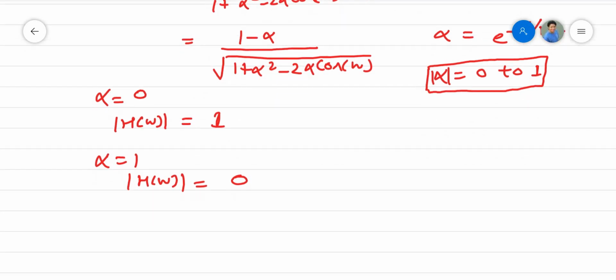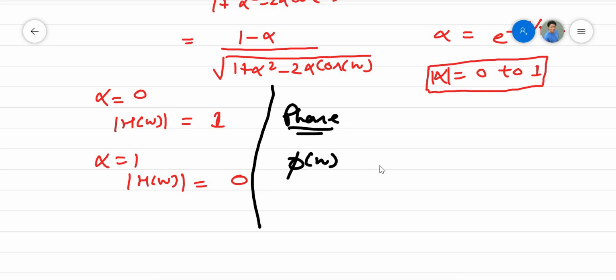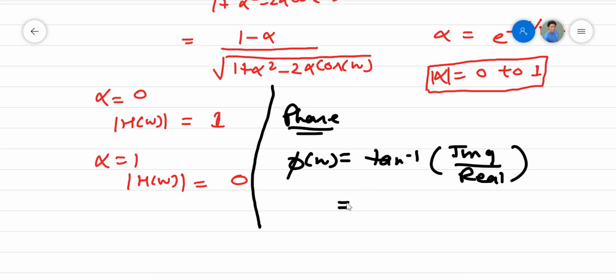So we want to find out the phase. It is phi of omega, which is equal to tan inverse of imaginary part over real part. As one can see, the common part, that is 1 minus alpha, which will come at both sides, will be cancelled out, and then the denominator part will also be cancelled out.